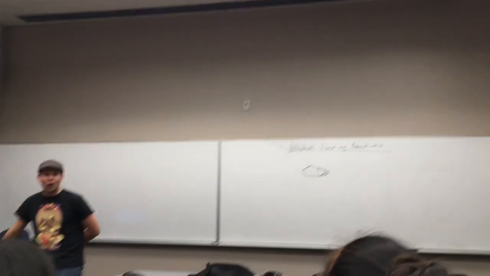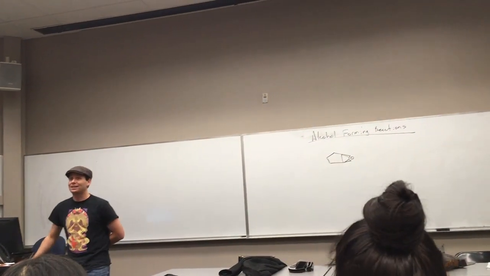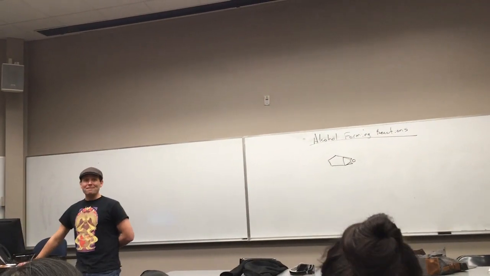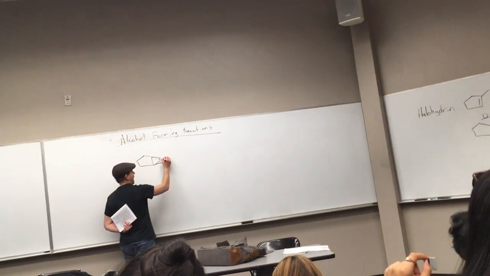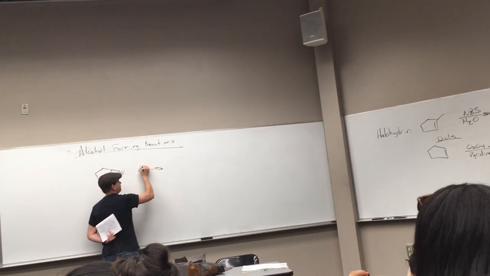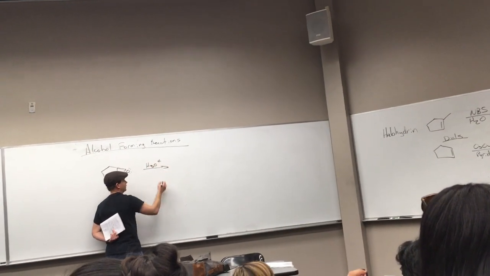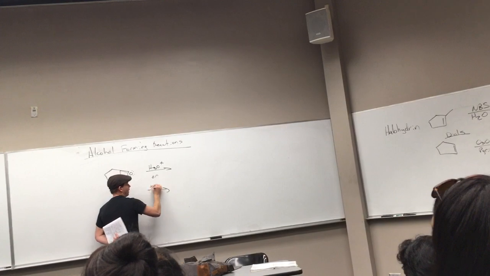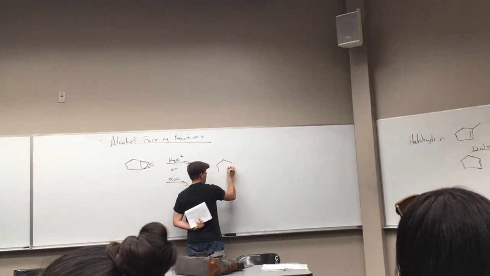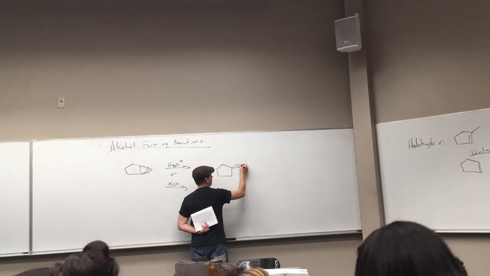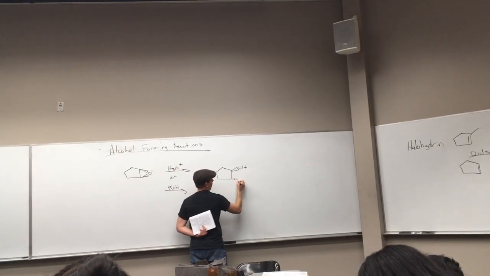The epoxide. I can ring open that epoxide under either acidic or basic conditions, both of which you have full mechanisms for. By reacting this in either acidic or basic conditions, that will lead to the formation of the transdiol.